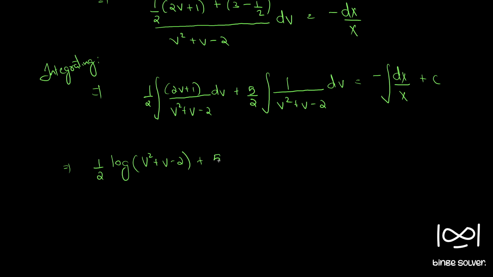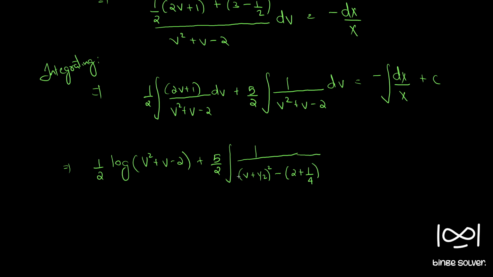And now to integrate this, we convert it into a standard form. So v square plus v can be written as (v plus 1 by 2) the whole square. So what will be the terms? v square plus 2 into 1 by 2 into v becomes v plus 1 by 4. There is a 1 by 4 additional here, so minus 2, minus 1 by 4 becomes minus 9 by 4, right?